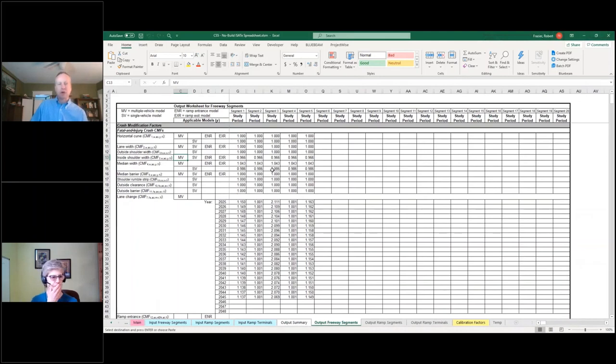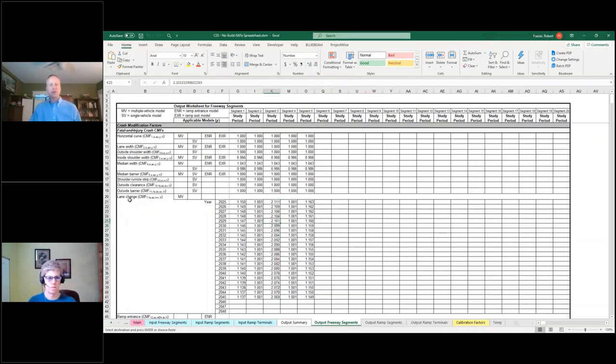You can go in here and look at these CMFs and see which ones are really moving the needle up or down, or you can ask someone else to do that for you. I'll just draw your attention to this one. Segment 3 has a CMF of over 2, the middle segment, the weave segment. That is an attention getter.